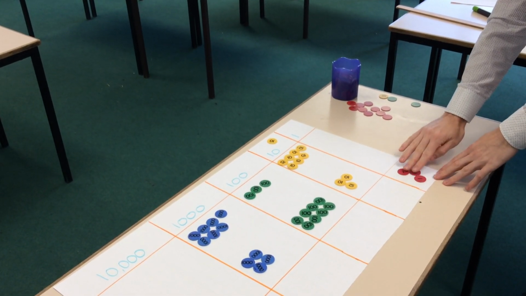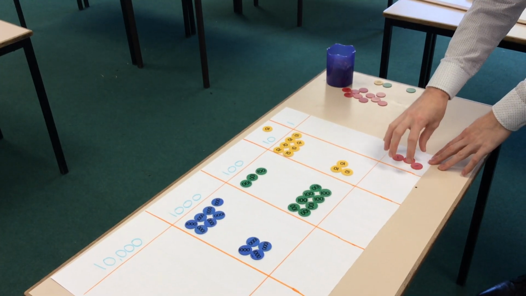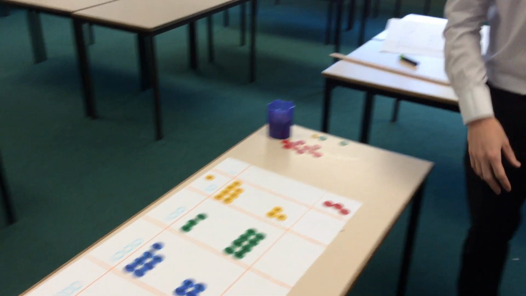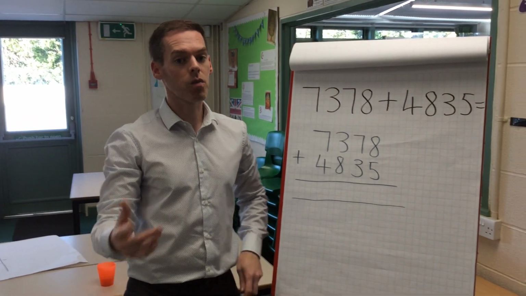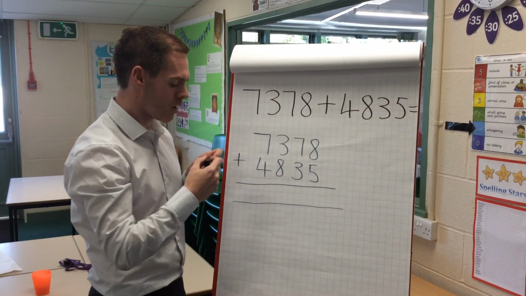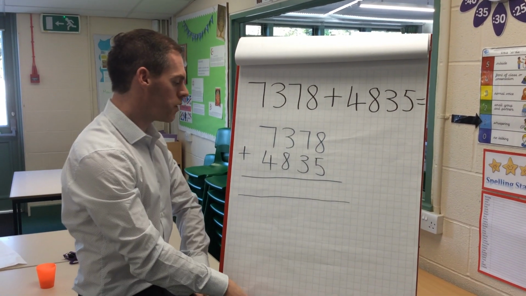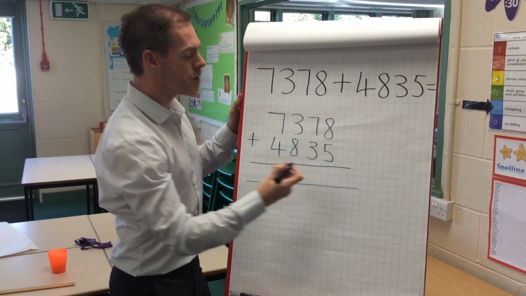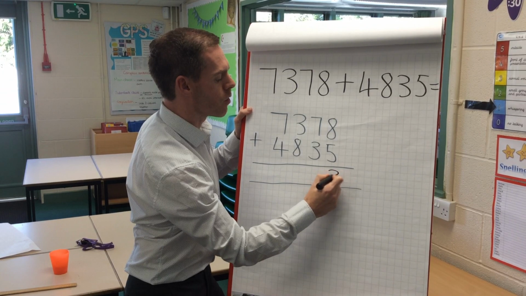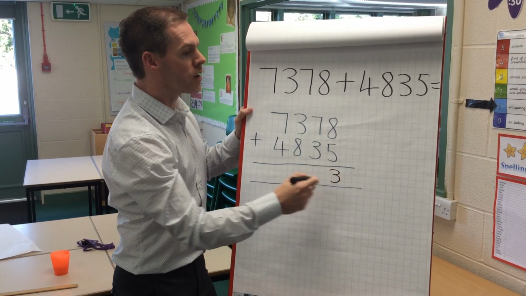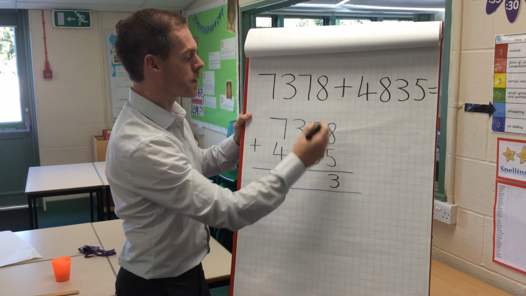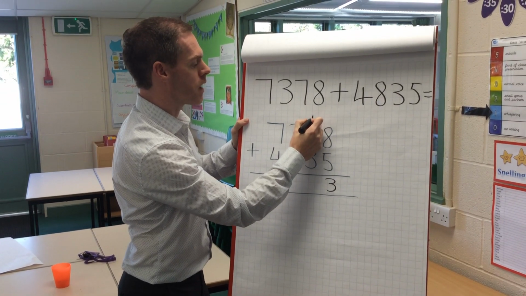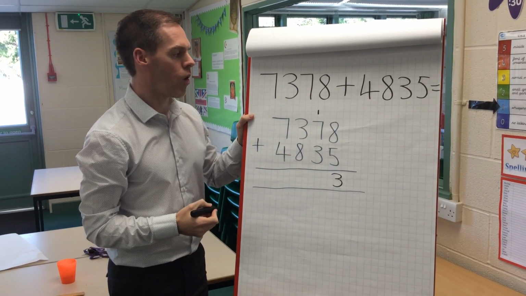And in my answer is the 3 remaining ones. So I haven't got rid of the other 10 ones, I've just exchanged them into 1 ten. Let's just do that as a calculation. So 8 ones plus 5 ones give me 13 ones. I kept 3 of those ones, and the other 10 ones I've exchanged for 1 ten. I'm going to put that at the top of my tens column, and I'm going to add that on in a little while.